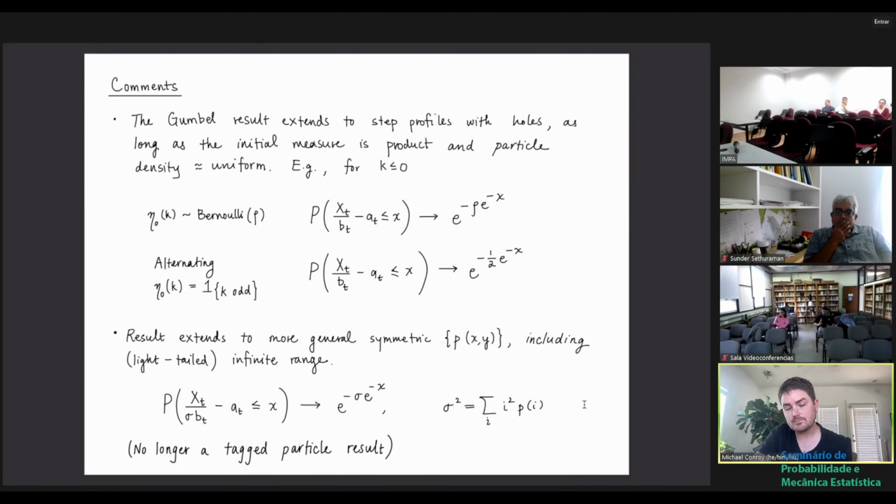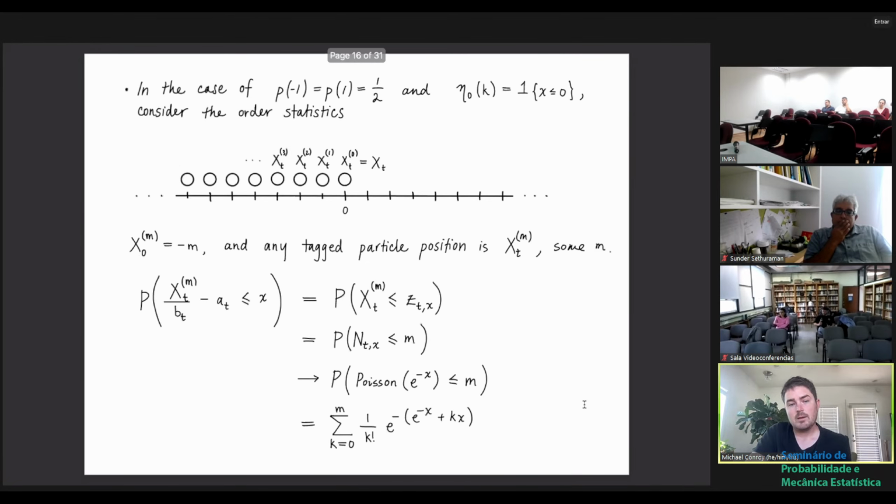So if we go back to the nearest neighbor case with a full step, or a particle at every non-positive integer, we can also consider order statistics. So when we showed this result for the leading particle, we just needed convergence of the probability that n was 0. So what we actually proved was much stronger, right?